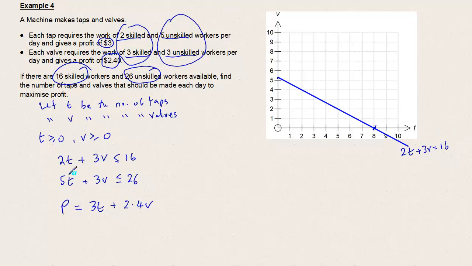Now, 5t plus 3v is 26. So, if v is equal to 0, t would be 5.2. If t equals 0, then v would be 8 2/3.